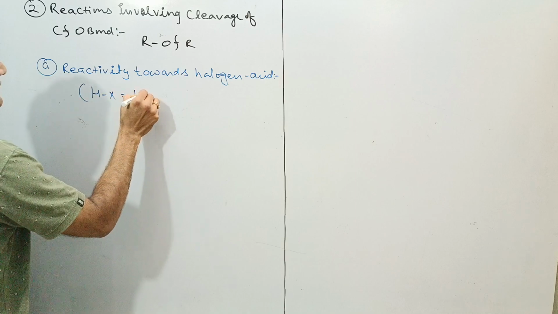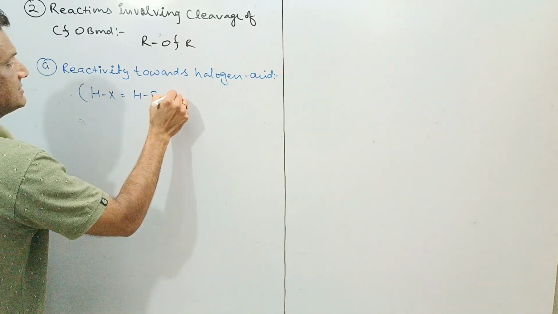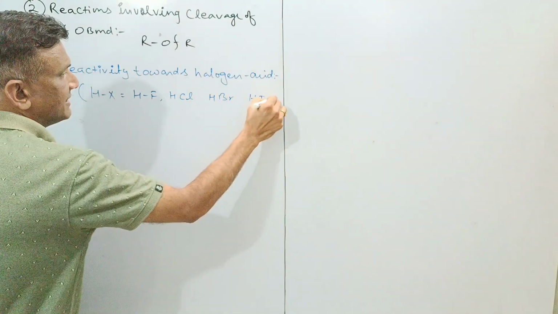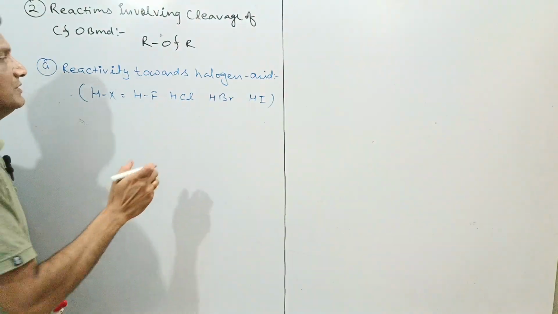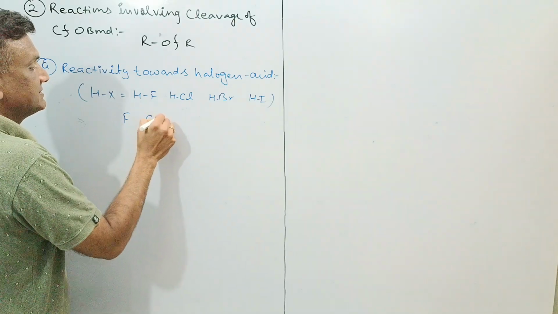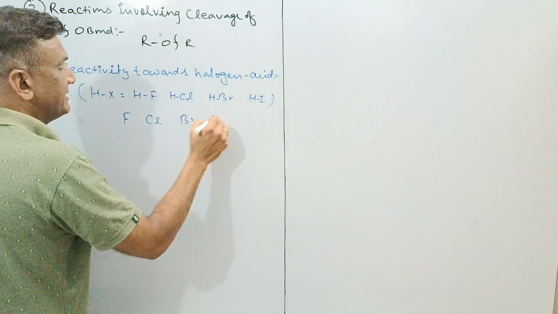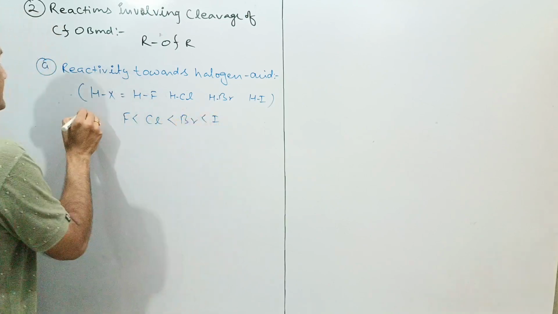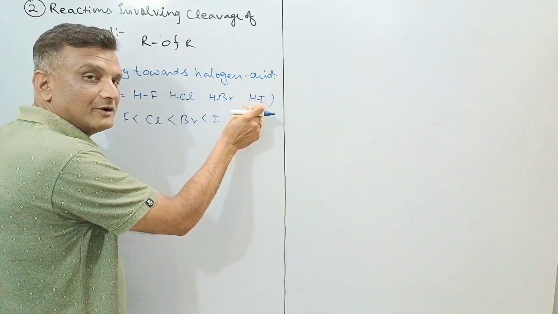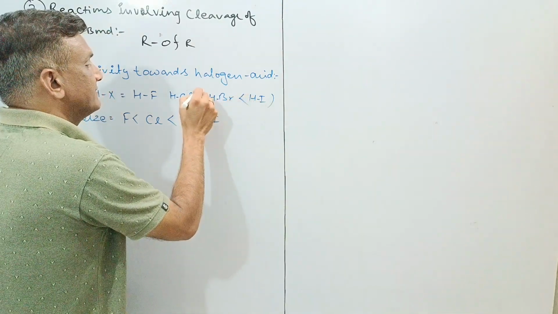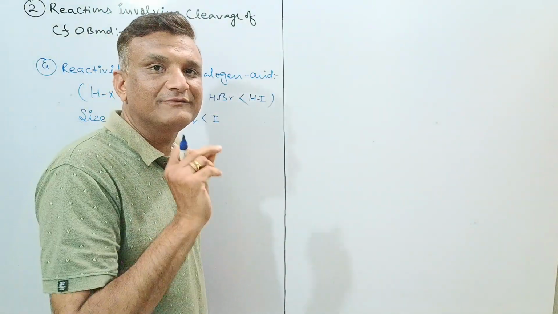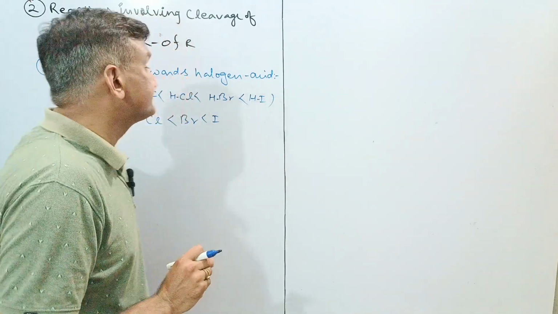As X, we can take F, Cl, Br, and I. As you all know, moving from top to bottom, the size of F, Cl, Br and I increases. The size of the halogen atom increases, so we can say that the bond length also increases. So reactivity is directly proportional to the bond length. That's why HI is more reactive than the other halogen acids.